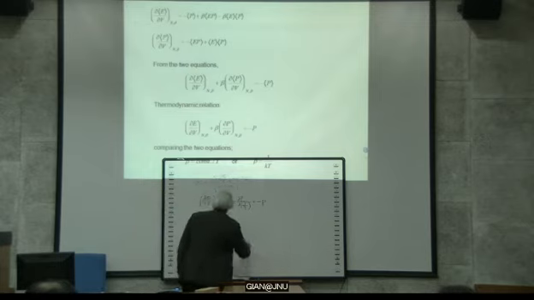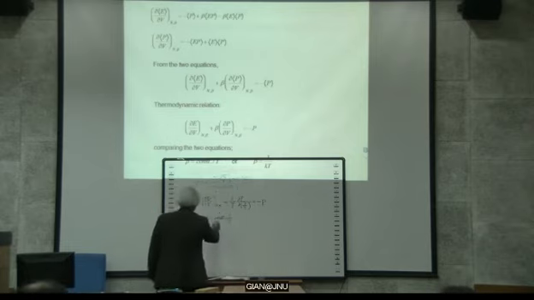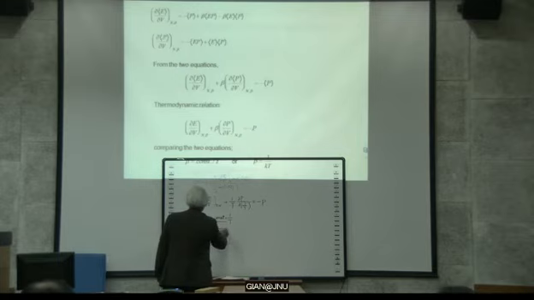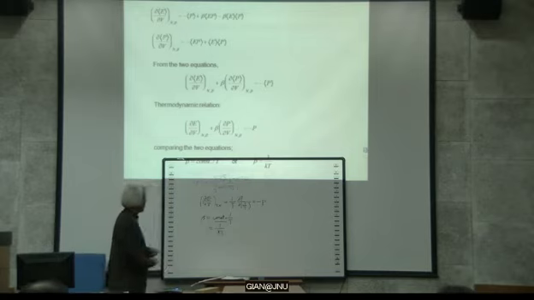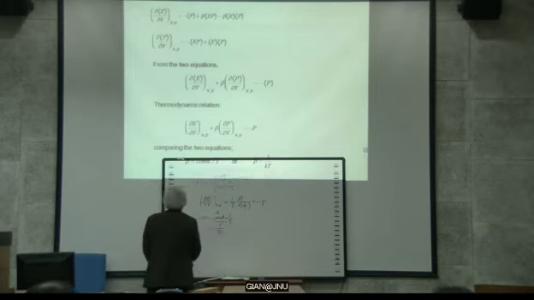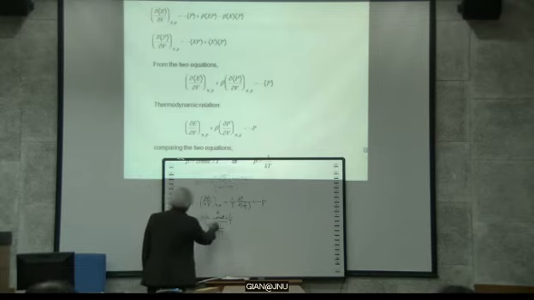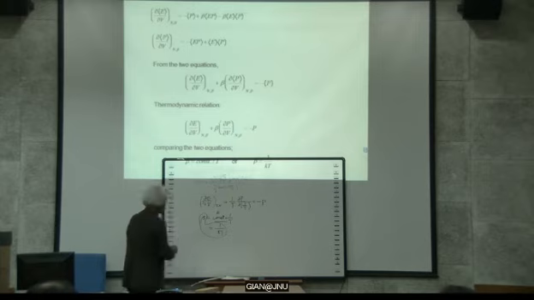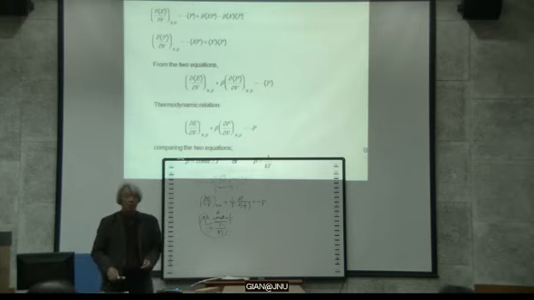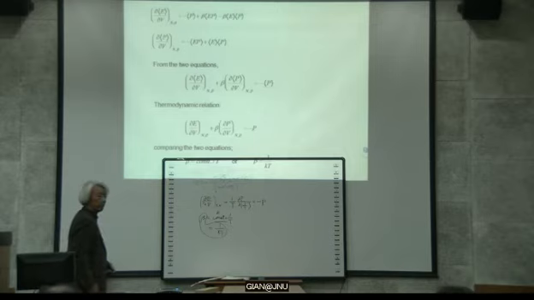Sorry, constant times 1 over T. And this constant can be k, the Boltzmann constant. This way, you find that beta is related to 1 over kT.